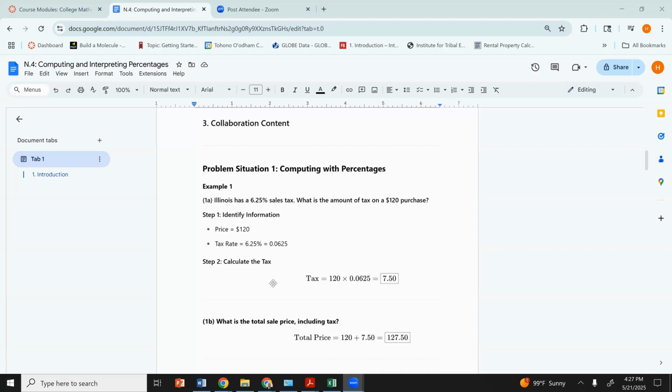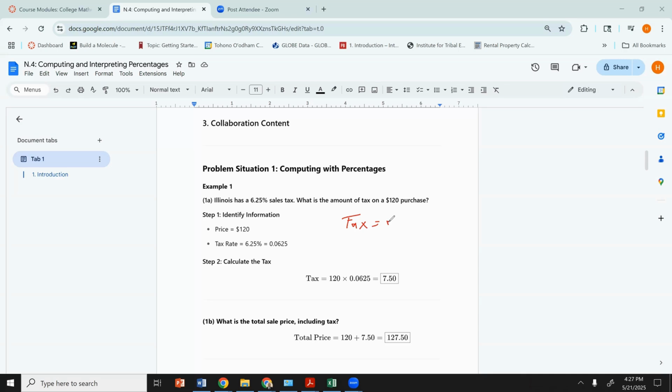If we just want to know how much we're going to pay in taxes, I did not include that in the formulas, but just to guide you, the tax would be equal to the original price times the tax rate.